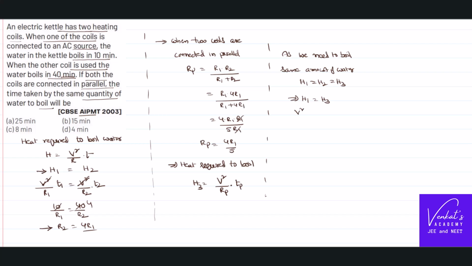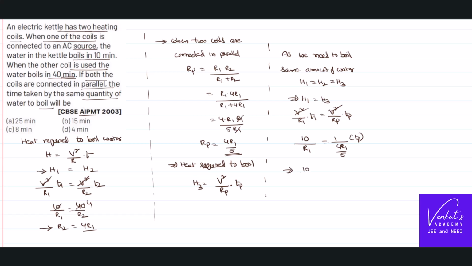H1 is V square by R1 T1. H3 is V, which is the same, with resistance parallel and T parallel. So we can cancel. T1 was given as 10 minutes. Assume R1 as R1 itself. R parallel we already calculated as 4R1 by 5. T parallel we have to calculate.